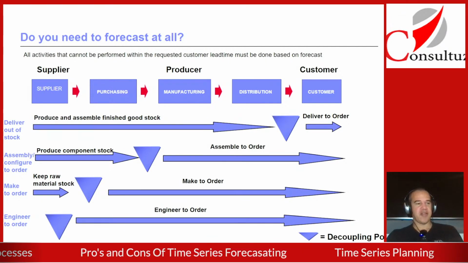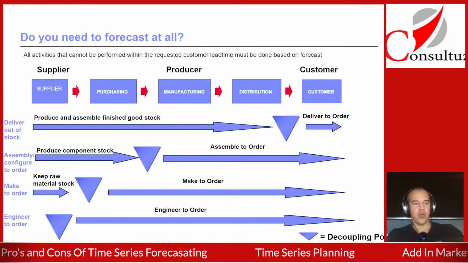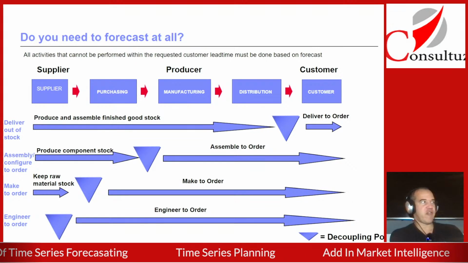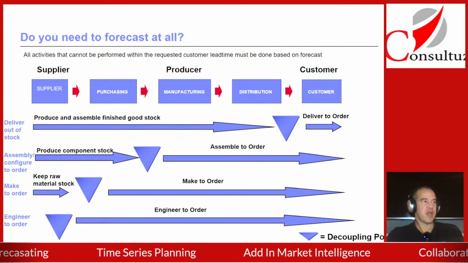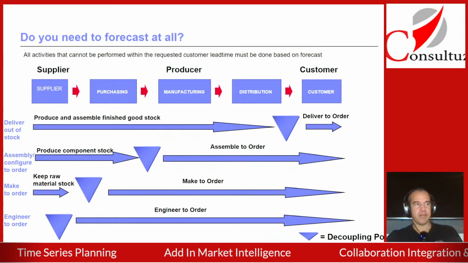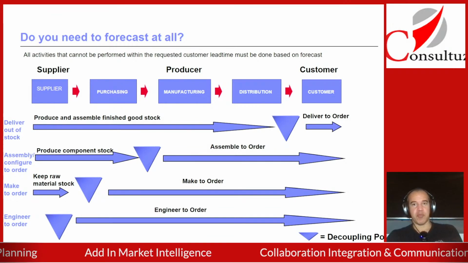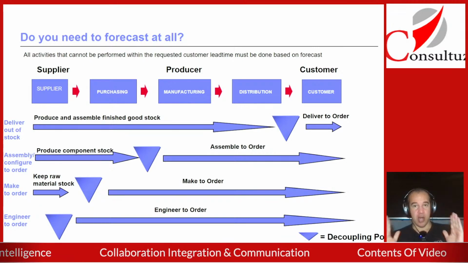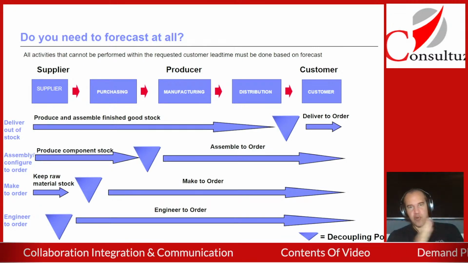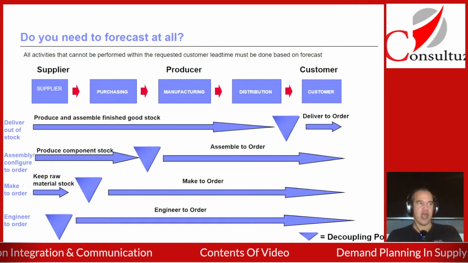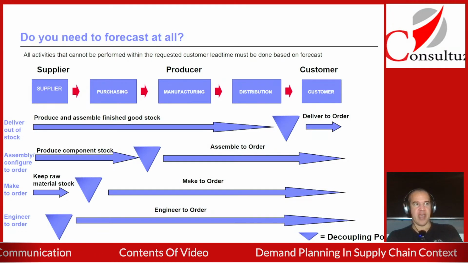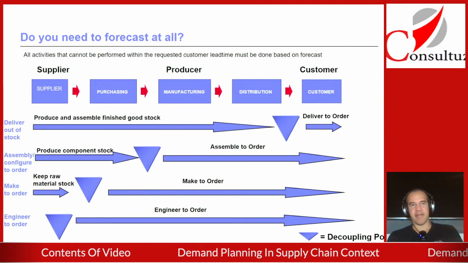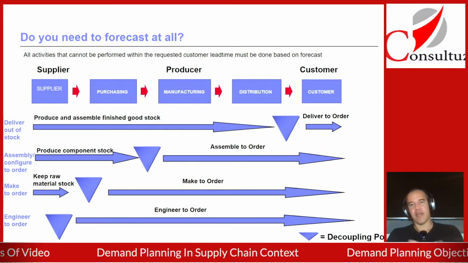So some would say, do you need a forecast at all? Well, it's quite an interesting question. Ultimately, if you're just literally drop shipping, so you're producing a load of goods and then pushing them through the supply chain to your distributors, then the risk is with the distributors who take on that product.